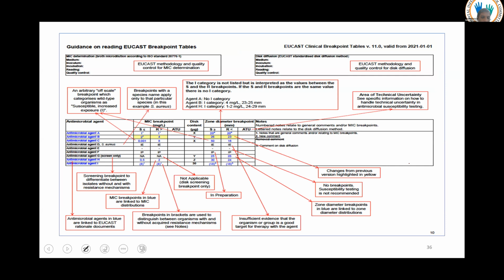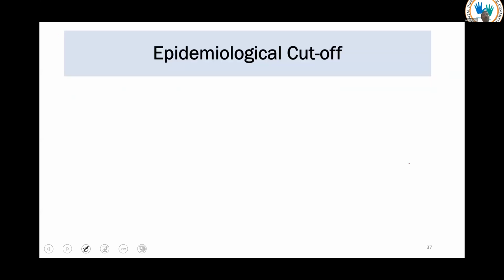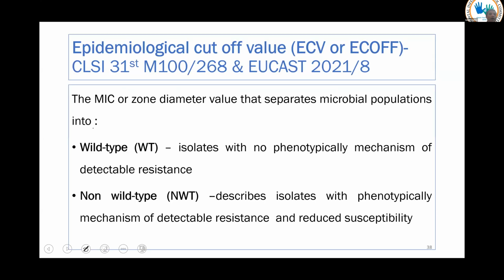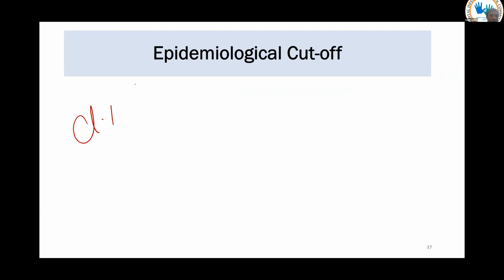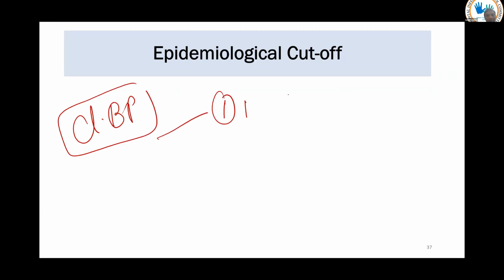So now I will show you the next thing, that is epidemiological cutoff. What do you mean by epidemiological cutoff? Epidemiological cutoff means it is a breakpoint where the clinical establishment has not been done. I told you that for any clinical breakpoint, there are three parameters. Parameter one is microbiological data is available.